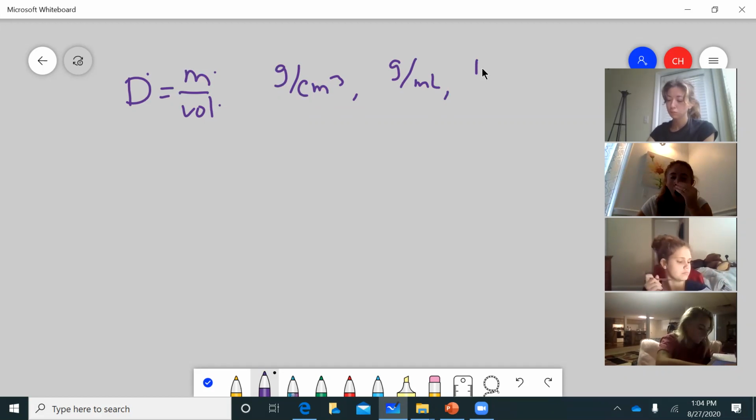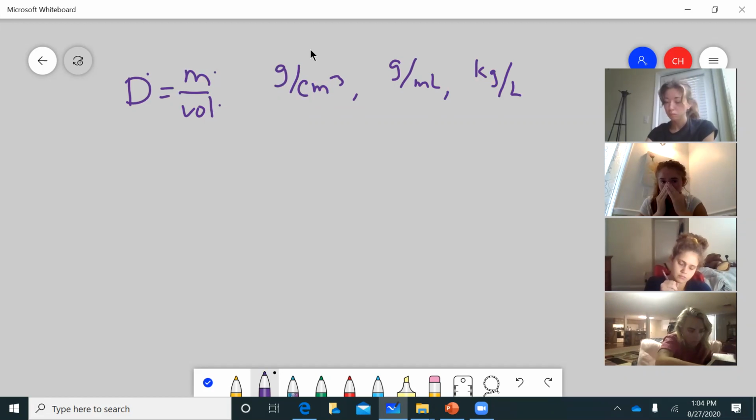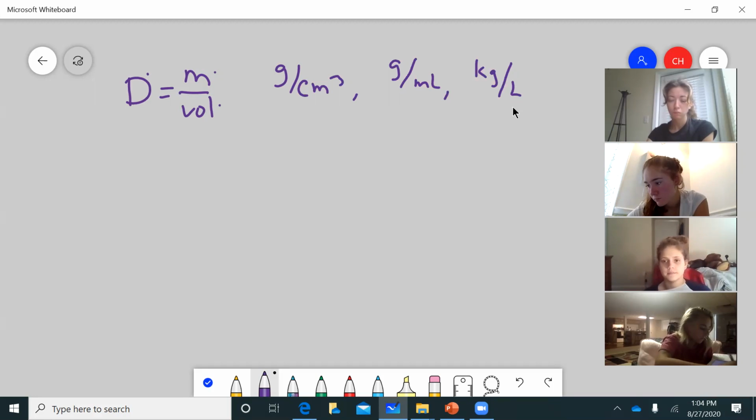You could see something like kilograms per liter, right? Kilogram is a mass value. It just has a prefix stuck on it. And underneath it, we have a liter. These are all different options, and there are many, many more out there. So just get used to it: if you're seeing a unit stuck at the end of a number that has two values, and one's a mass and one's a volume, it's talking about density.